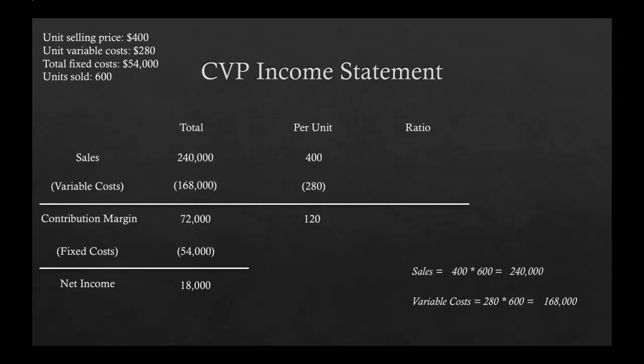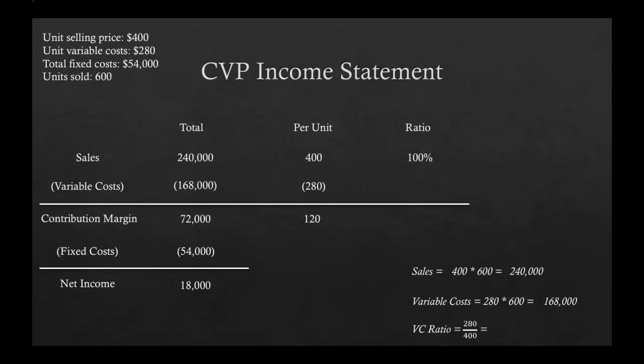Now we can look at our ratios. Our ratios are talking about what percentage of sales a certain line item is. For sales, to find its ratio, we take 240,000 and divide it by itself, because sales is 100% of sales.